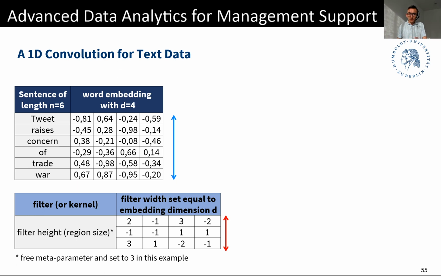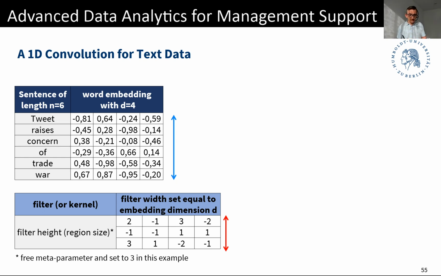And what we do when we use CNNs for text is we select filters that have a certain height or region size. They call it the region size, but in my example, you could think of the region size as the height of the filter. But the second dimension we always set equal to d.